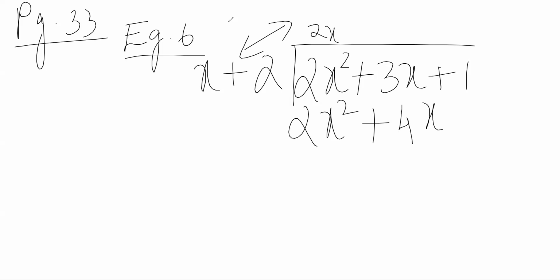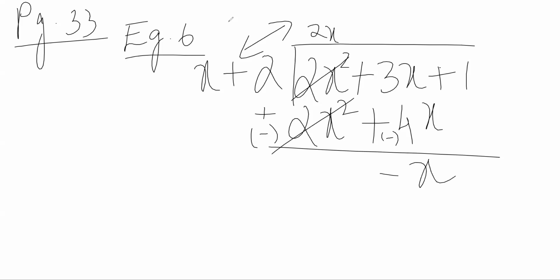Now in division, it changes into subtraction. That is, plus sign changes to minus, and again plus sign changes to minus. Now this both gets cancelled, and 3x minus 4x is minus x, and plus 1 comes here.